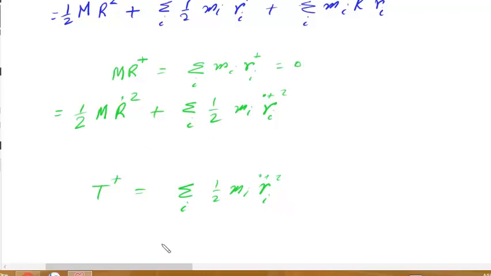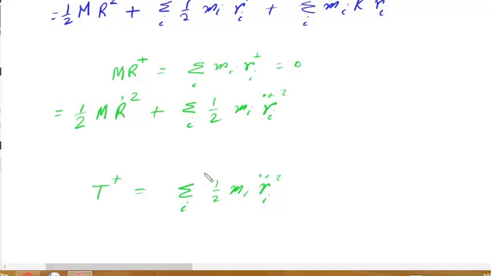Then the momentum, the angular momentum, the kinetic energy and any other parameters: we have already discussed the momentum and the angular momentum and their conservation, and here we discuss kinetic energy conservation.